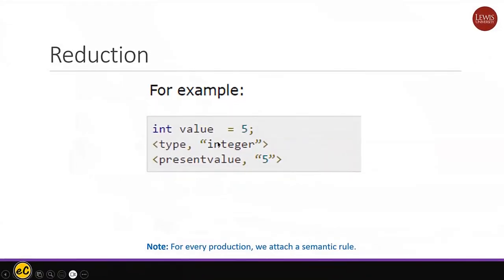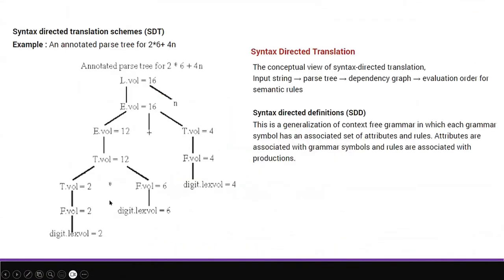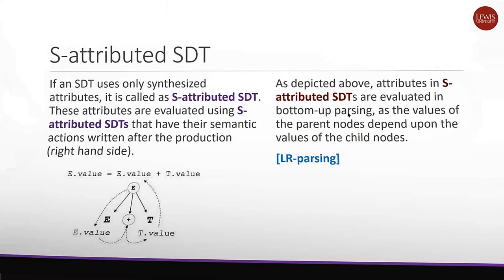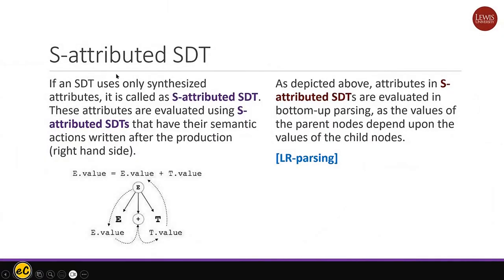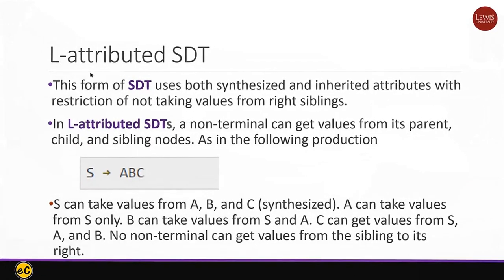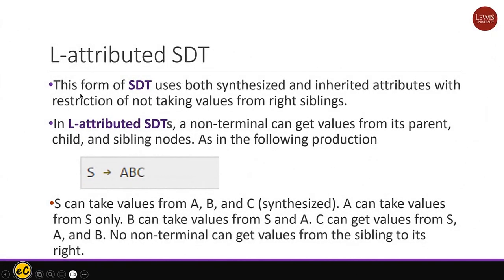Reduction is bottom up. You do bottom up syntax-directed translation with the S attribute, the synthesized attribute. And then there's another type called L attribute. This form of SDT has both synthesized and inherited attributes, with the restriction of not taking the value from the right subtrees.